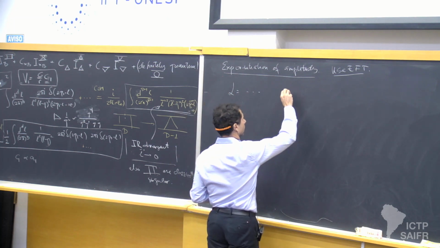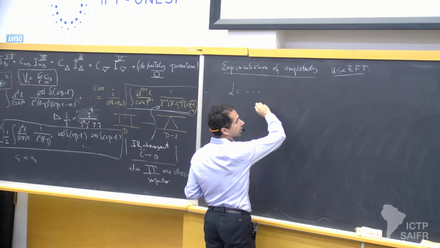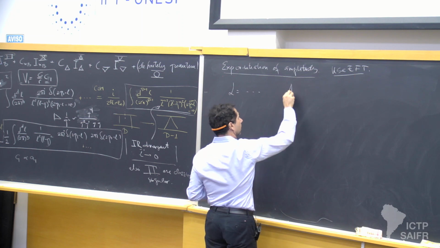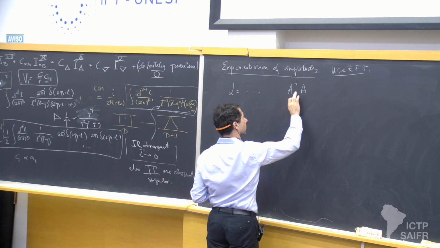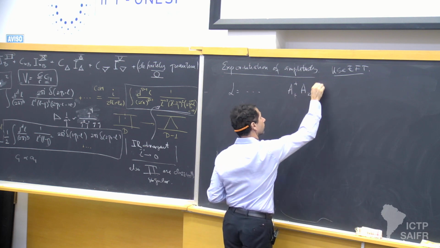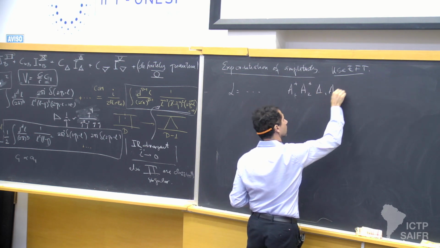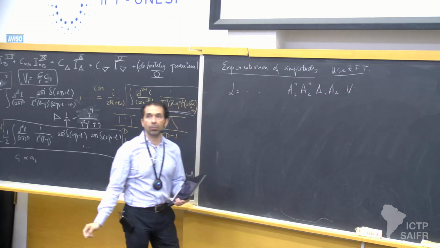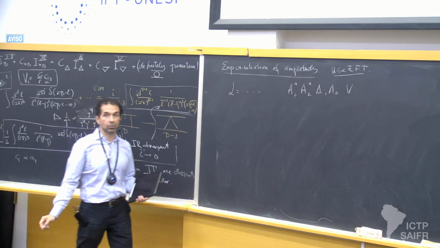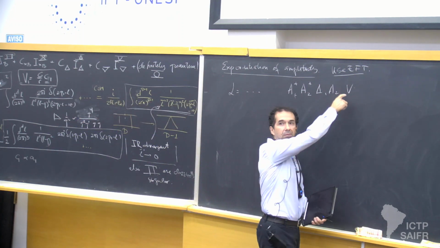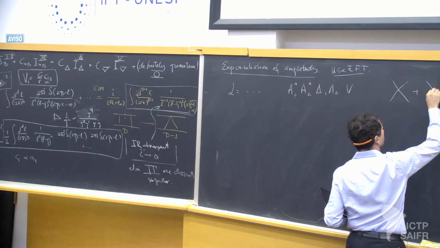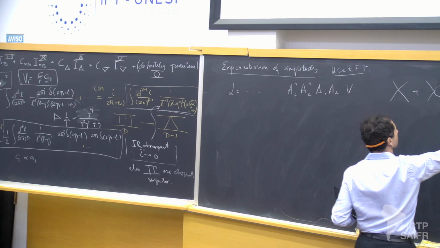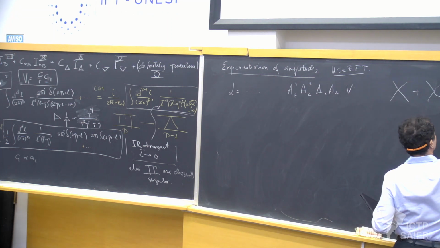So it has propagators which are a little funny, and then it just has this interaction. So we can very compactly write amplitudes in terms of just this V. And all the amplitudes look like this plus that plus the other thing.